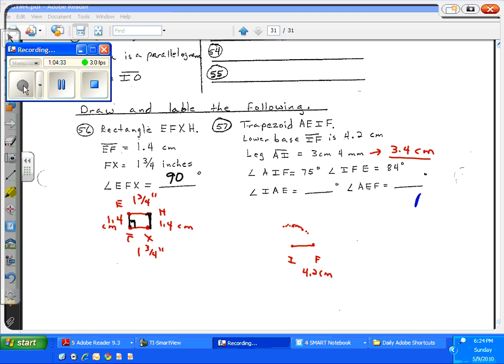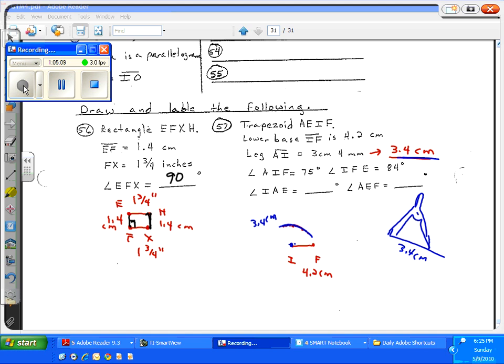Well, what we're going to do is we're going to get our compass, and we're going to open it up to 3.4 centimeters. We're going to put the point here and the pencil here, and we're going to make an arc that's 3.4 centimeters away from point I.